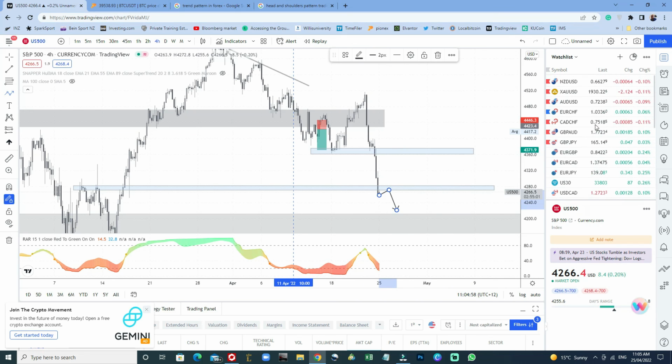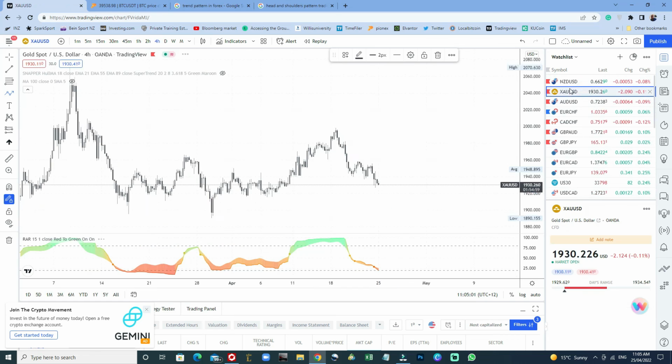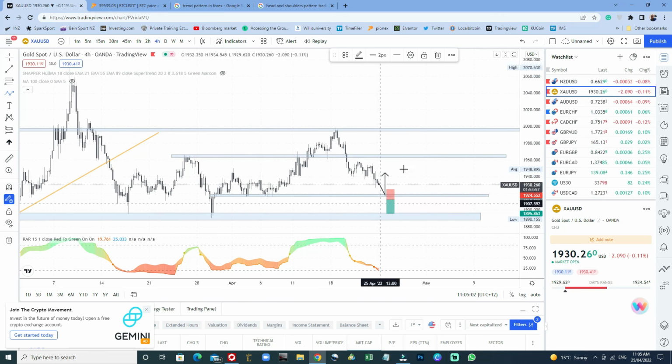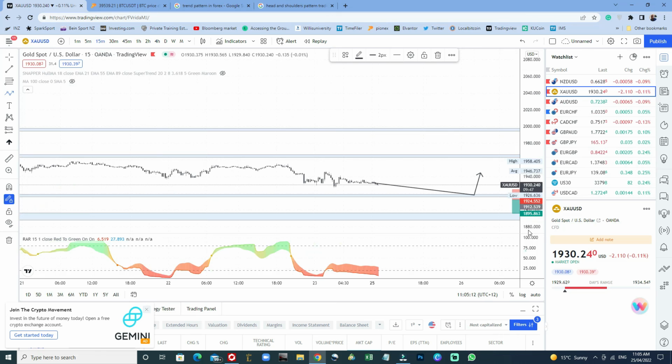Now let's just touch gold. Let's see what's happening in gold. Gold on the 4 hours is on the sell, right? But what I do in gold is that I usually step down to lower time frames, like this is the 15 minutes time frame.